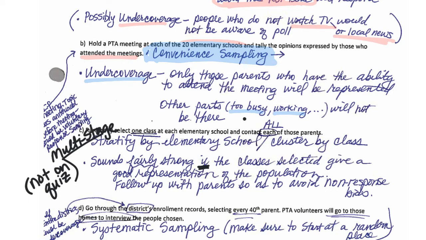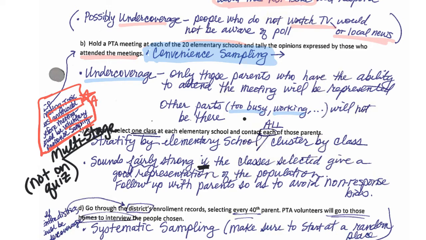Now, if it was a situation where, and I wrote this over here on this side, they had announced to the public or to the elementary students, hey, we're going to be having a meeting at your school to talk about the topic of passing on to the next grade level based on a test, then you would be saying voluntary response sampling, because people would be coming and taking action.